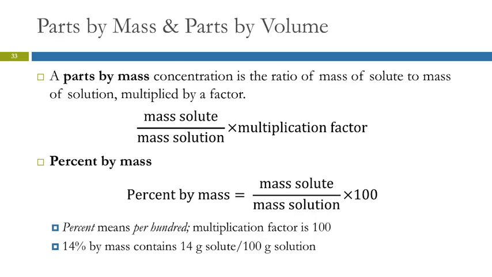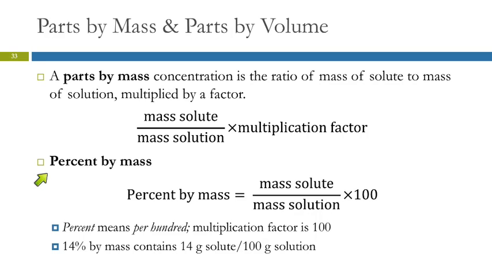So parts by mass, we're looking at the mass of solute to the mass of solution. All of these fall into the same pattern: the mass of the solute divided by the mass of the whole solution multiplied by a factor.